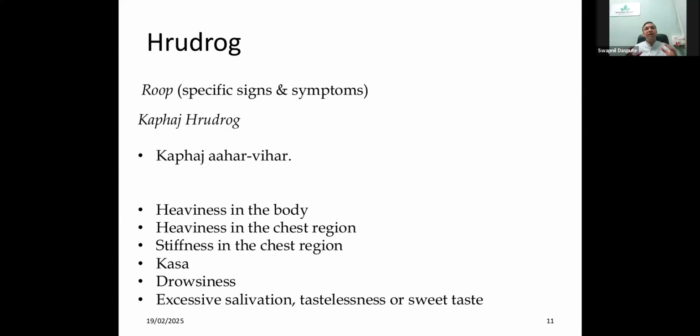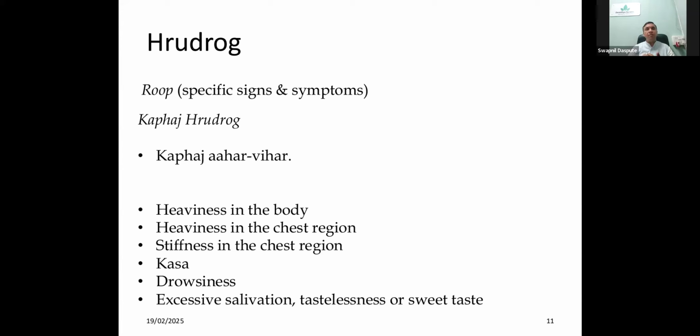One thing which I realized, because it was a mix of doctors, there were Western doctors, there were other pathy doctors as well, I realized that the amount of time which we give as Ayurveda practitioners to the patients in order to understand their concerns is far, far, far more than what the other pathy doctors do.